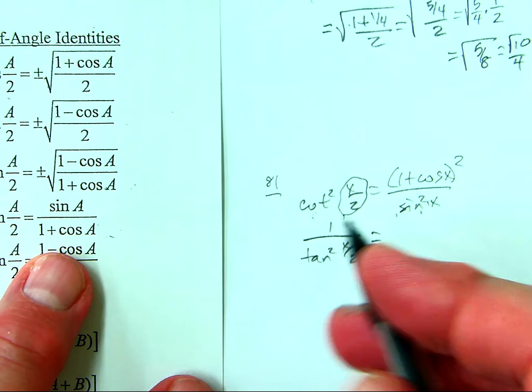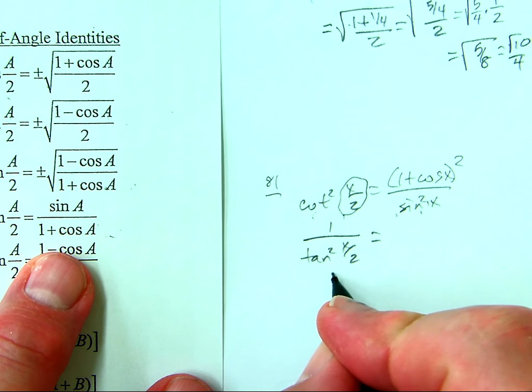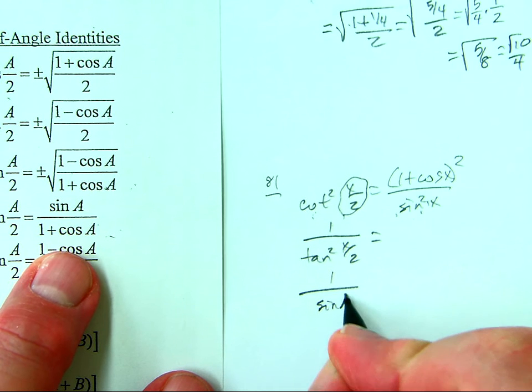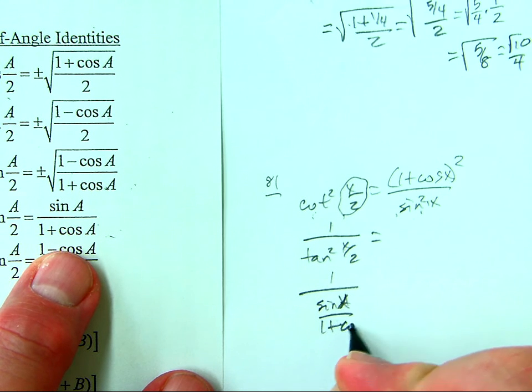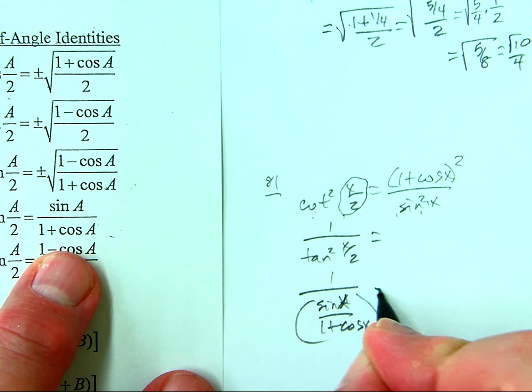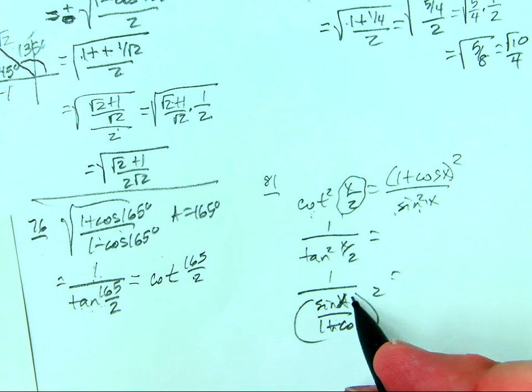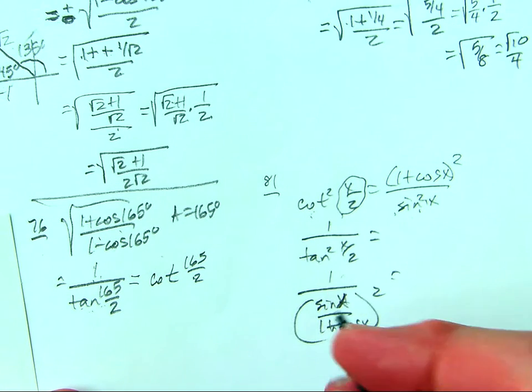So if we take this one now, if you wrote it all the way out, that'd be 1 over the sine of x over 1 plus cosine x, all squared. So all we did was put tangent squared here. Now if we square that, the reciprocal is going to flip that over.